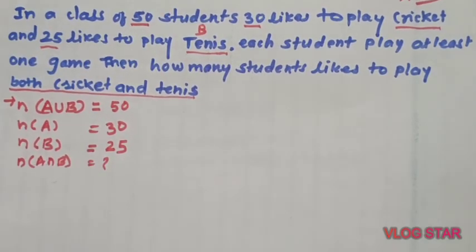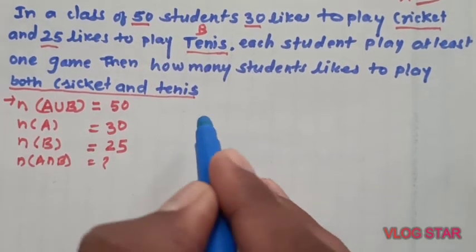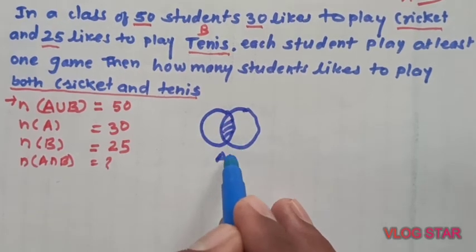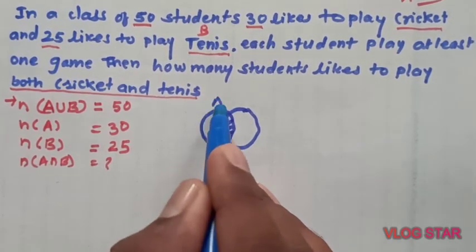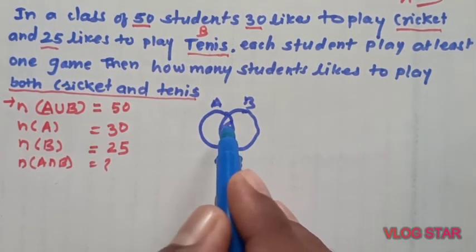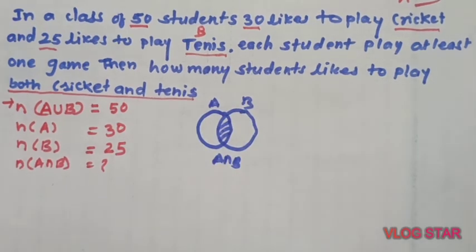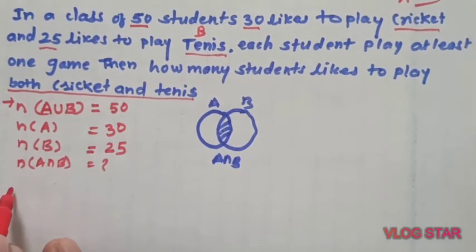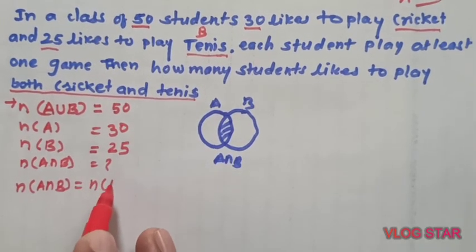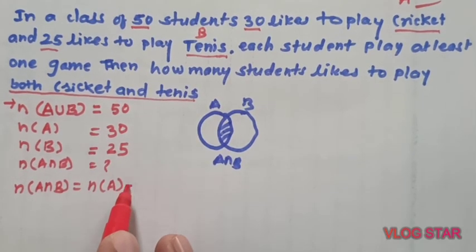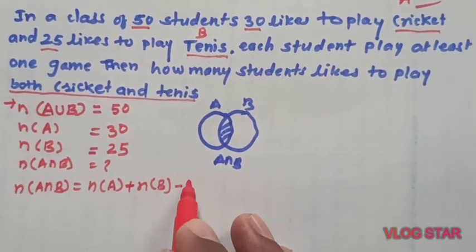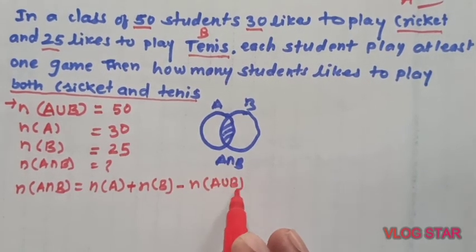As we have discussed the formula, the number of elements which are common. We want this A intersection B, this region. So we will take all elements, from that we will minus A and B. Okay, here the number of elements in A intersection B is the number of elements in A plus the number of elements in B minus the number of elements in A union B. This is the formula.